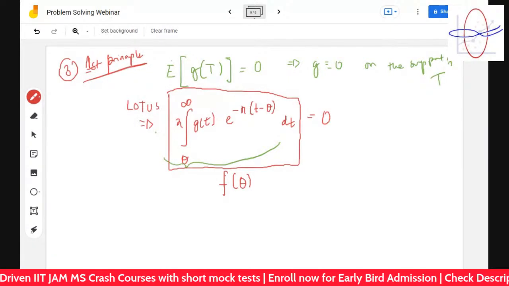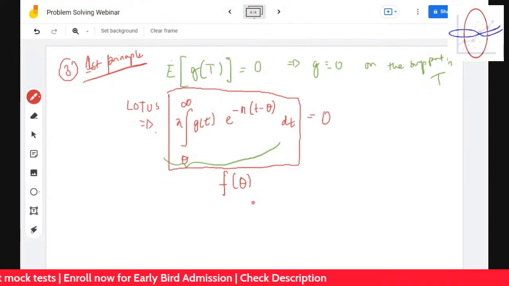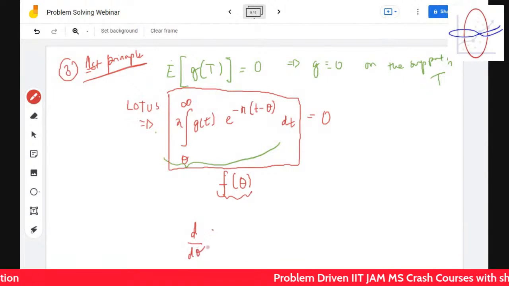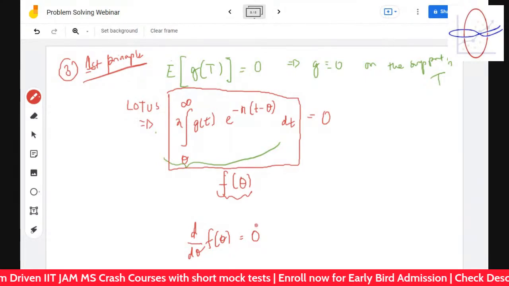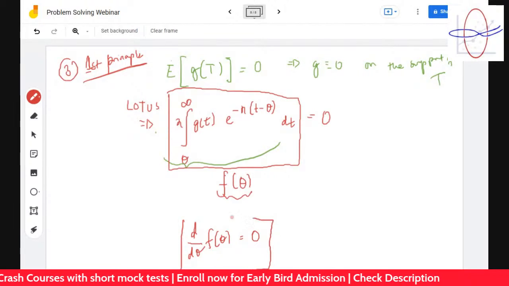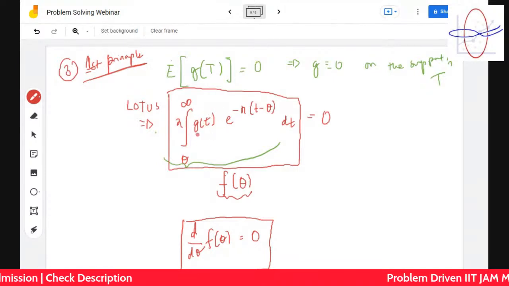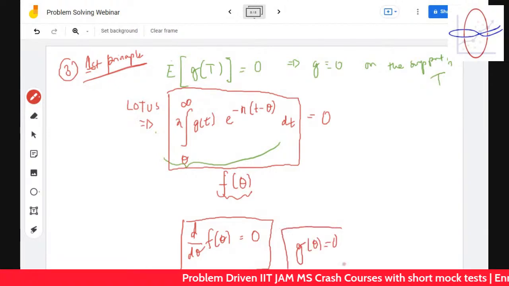Let's not look at the right hand side. It's just a function of theta, right, Nikhil? Yes. So we are just differentiating f of theta. Since it's 0, its derivative is also 0. So why are we doing that? Because from here, maybe we can get something about g. Maybe we can get g(theta) equal to 0.